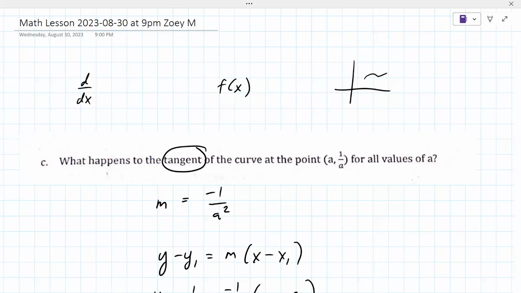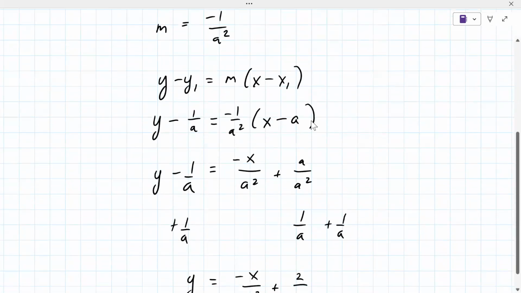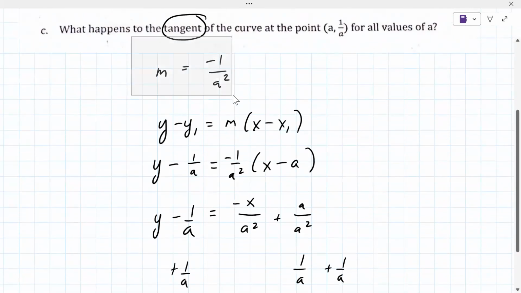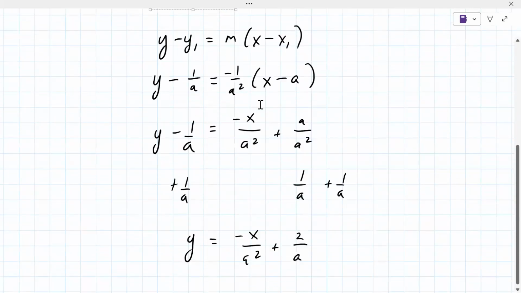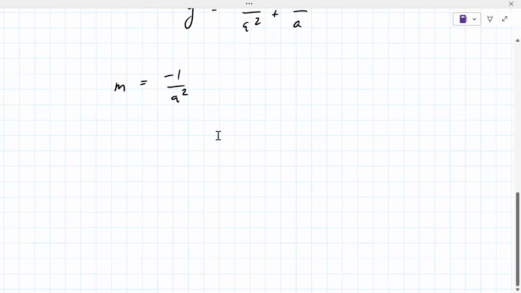So maybe it's asking because the slope, maybe it's being more general. So for all values of A, the slope is less than 0, because when you square A, it's always positive, and the negative on the top makes it negative.